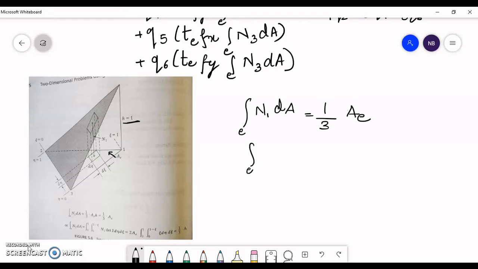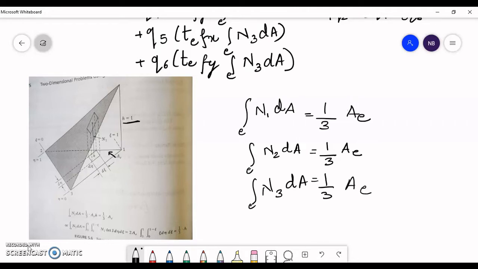Similarly, integral N2 dA will be 1/3 Ae. The volume of the tetrahedron is 1/3 into base area into height, where the base area is Ae and the height is 1. And integral N3 dA is also equal to 1/3 of Ae.